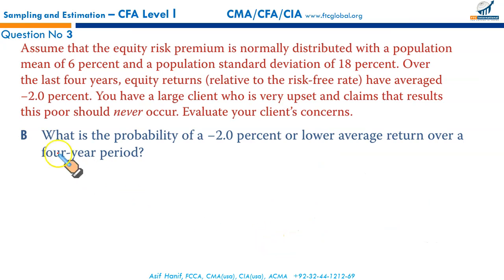Same scenario, part B. What is the probability of a negative 2% or lower average return over a 4-year period? Well, for this, we need to first find the critical z value associated with negative 2. How do we do that? I hope you know the formula. Z is equal to the sample mean minus the population mean, upon the standard deviation over the square root of n.